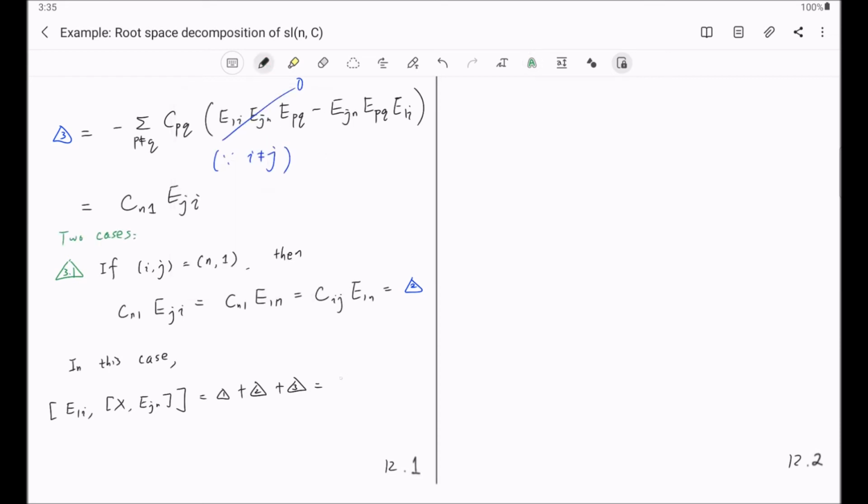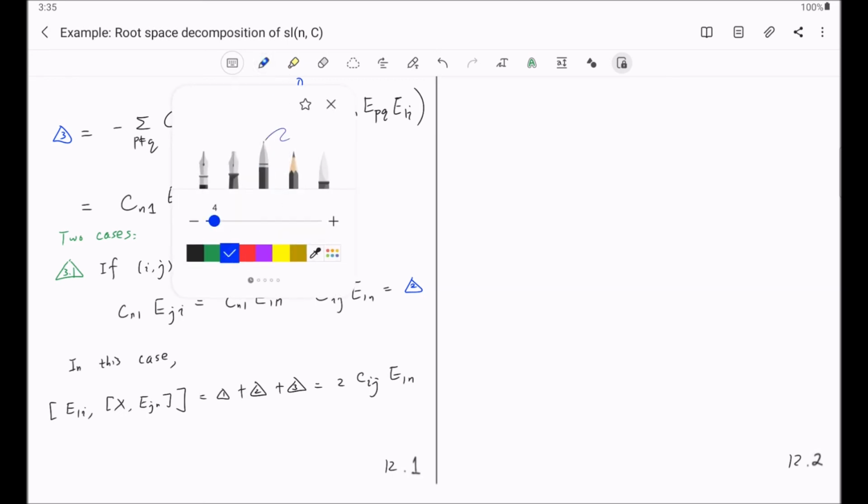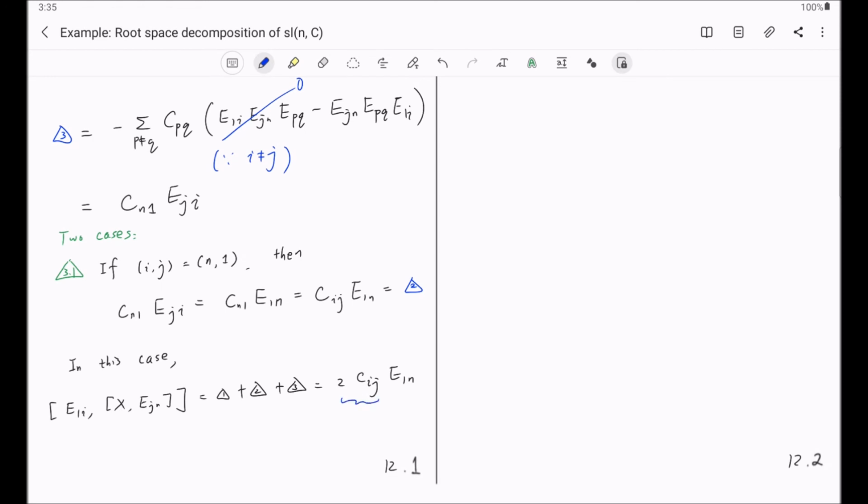This is twice of c_{ij} times e_{1n}. But this coefficient is non-zero, because we assumed at the beginning that c_{ij} is non-zero.